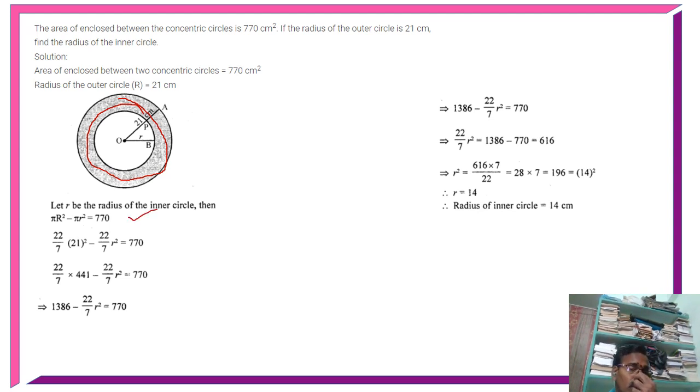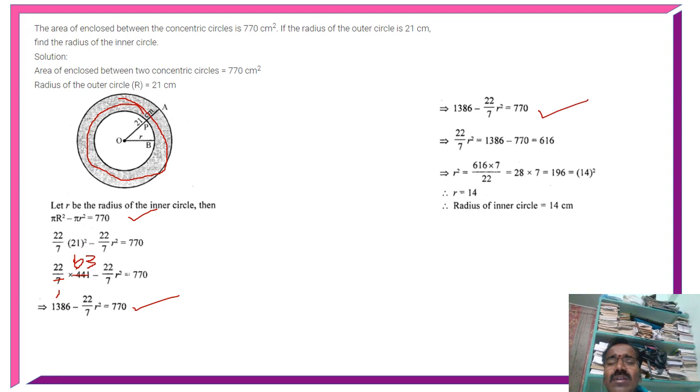So 22 by 7 into 21 square minus 22 by 7 small r square, where small r is the radius of the inner circle, equals 770. Substitute, then we can do cancellation here. 7 3s are 21, 63, and 22 times 63 is 1386, minus 22 by 7 r square equals 770.